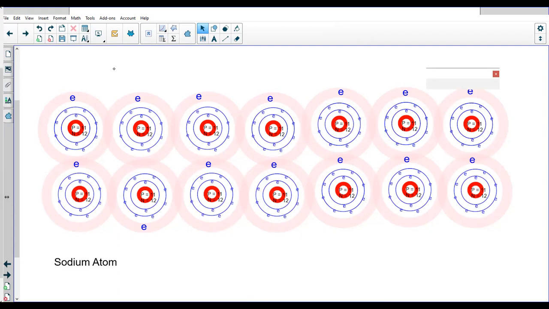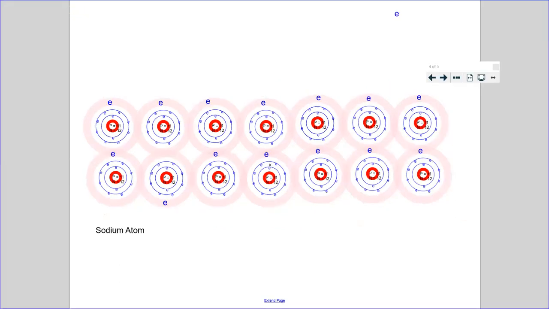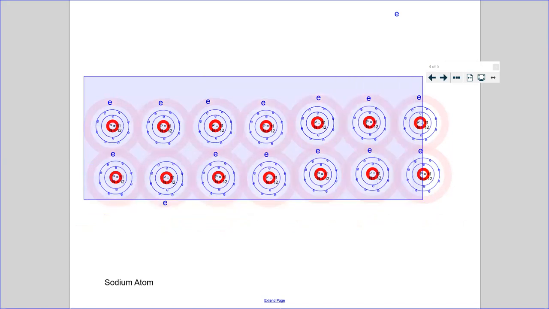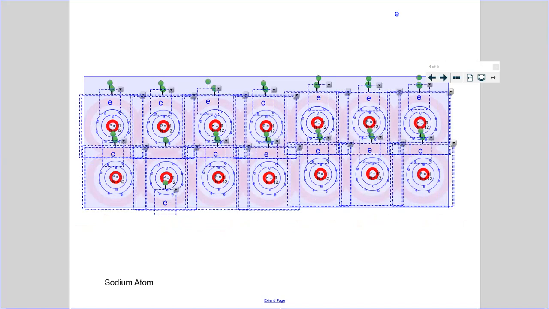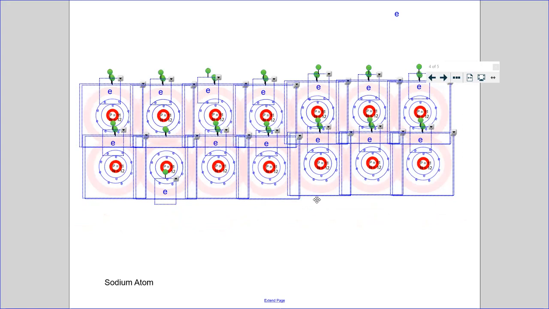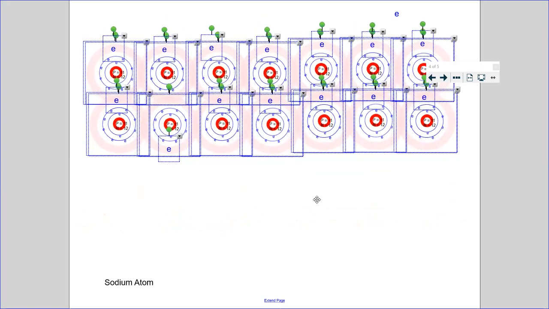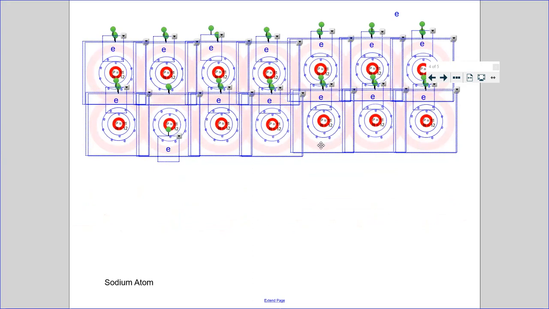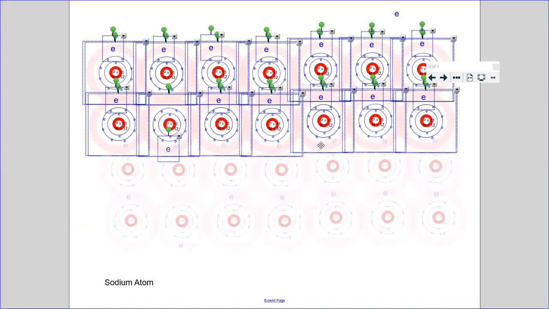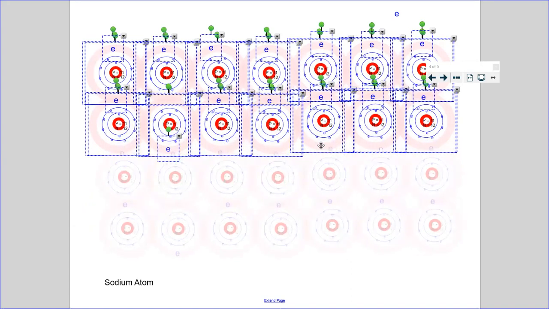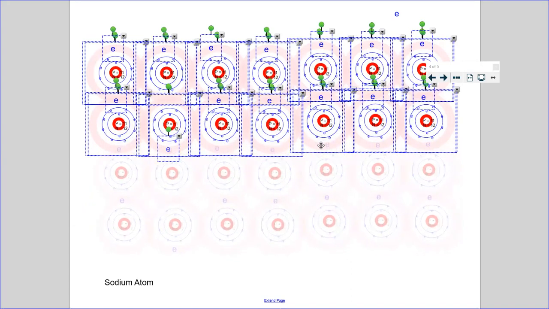Right now these are free electrons, they are moving in random directions, but when you connect one side of this sodium metal strip with a positive terminal and the other side with a negative terminal, then these free electrons get a force.